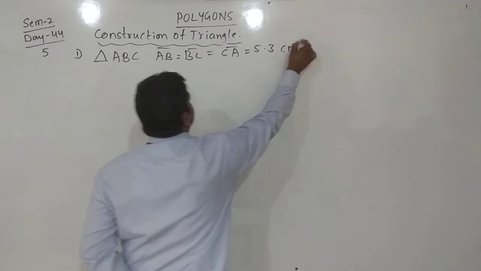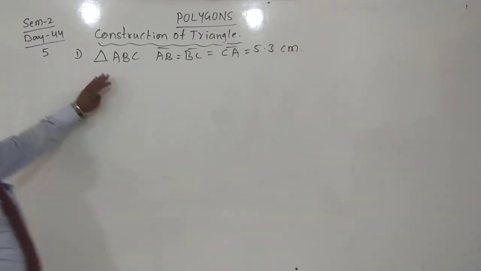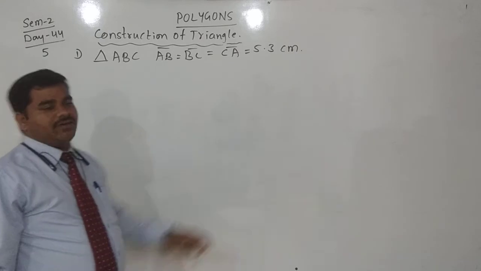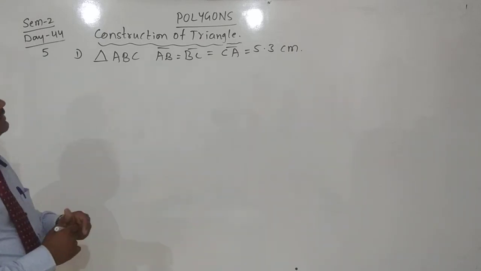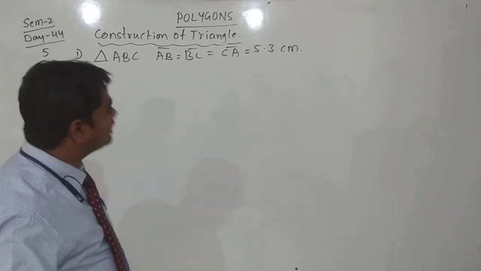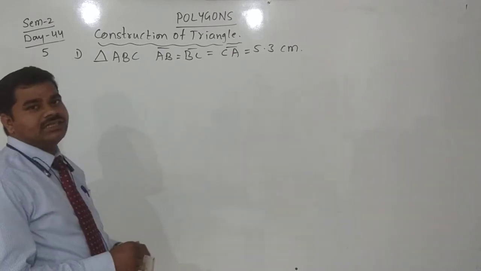Which type of triangle is this? Equilateral triangle. Here all the angles should be equal, and AB, BC, CA, all line segment lengths are the same, 5.3 centimeter.